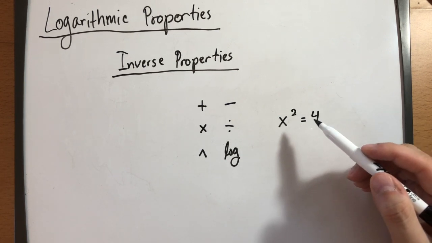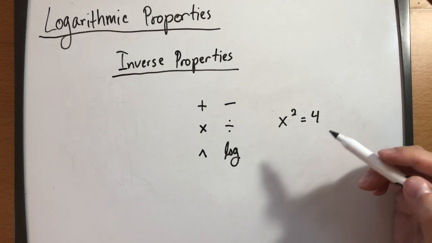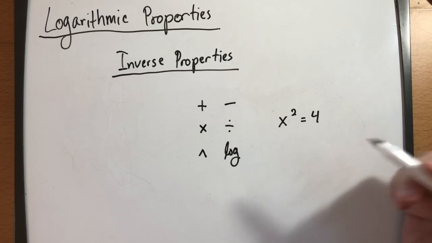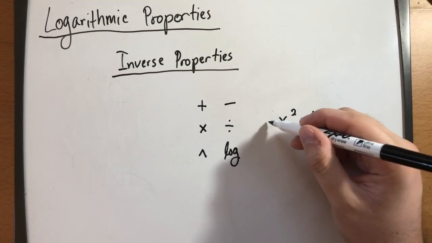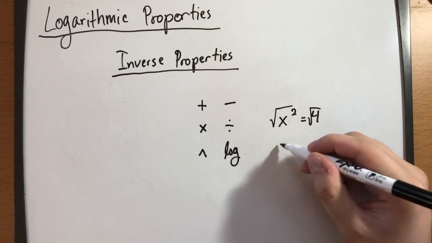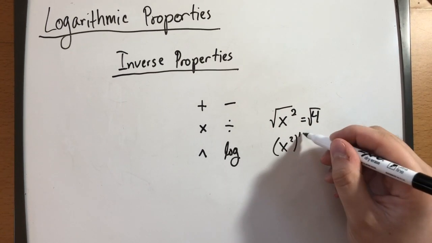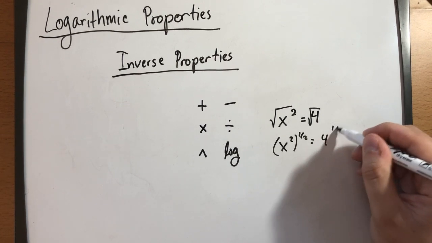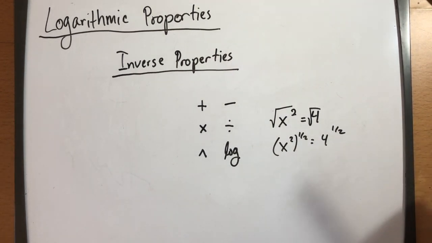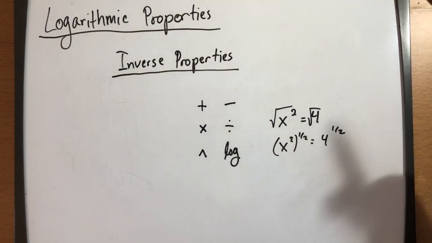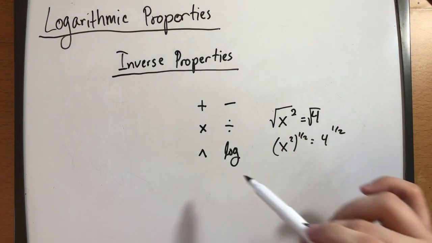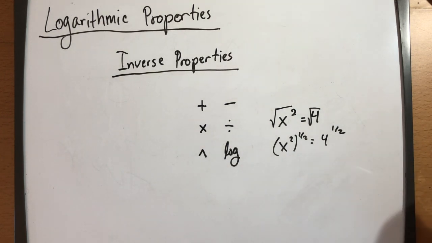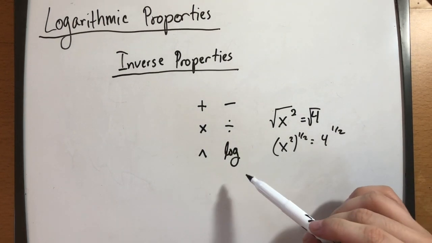And yes, although that is correct, a radical or a root is really another exponent. So see, doing a square root on both sides is the same thing as saying raised to the 1/2. So therefore, a radical or a root is not an inverse of an exponent because it is an exponent. So the inverse operation of an exponent is a logarithm.